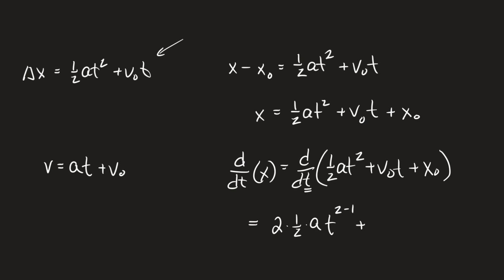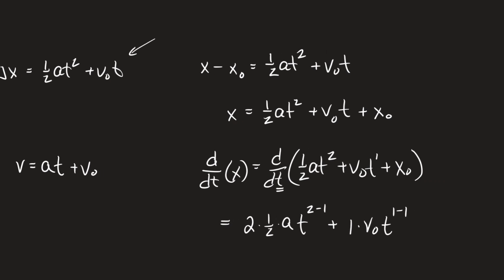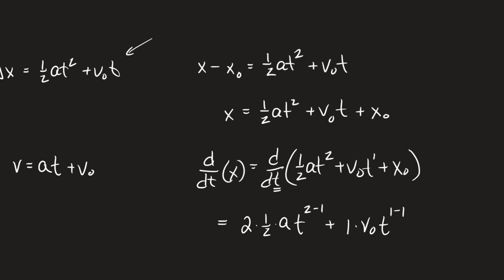This is v naught t to the 1 power. So bring the 1 down. V naught is still there, and t to the 1 minus 1. Now, x naught doesn't have a t in it. It's a constant. But again, you can imagine that there is a t to the 0 power. So we bring down that 0, and it doesn't really matter what's left, because everything will be zeroed out.